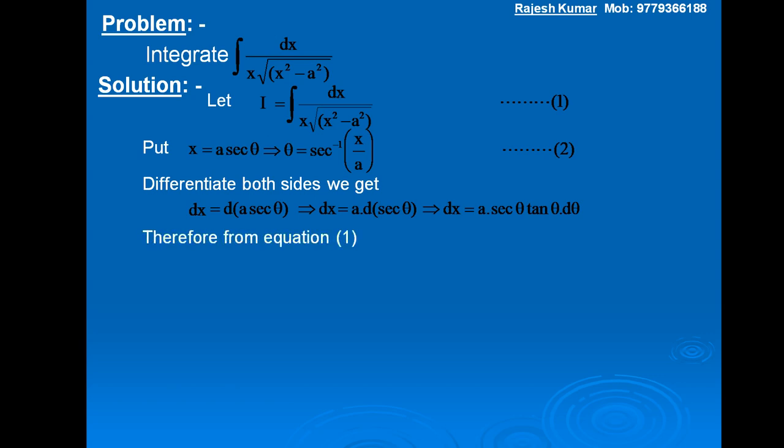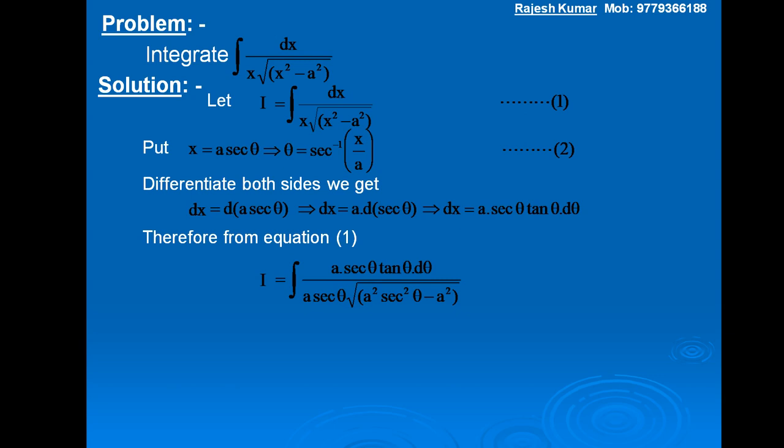Therefore, from equation 1, by putting these values, we get capital I is equal to integration of 1 upon a secant theta, the value of x, into square root of a square secant square theta minus a square.